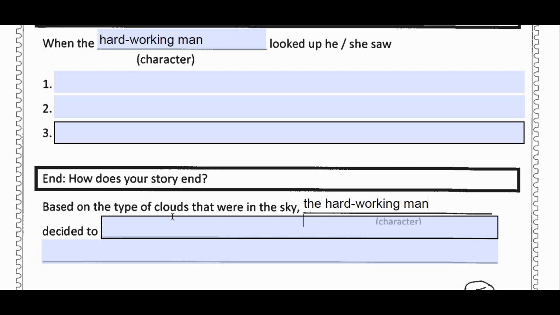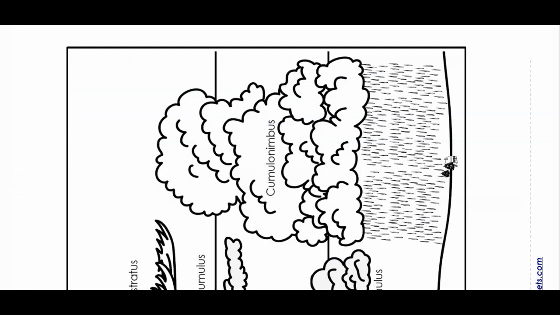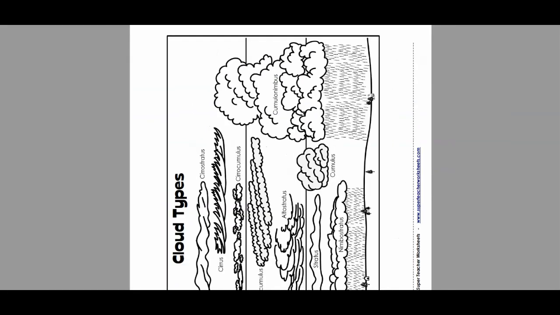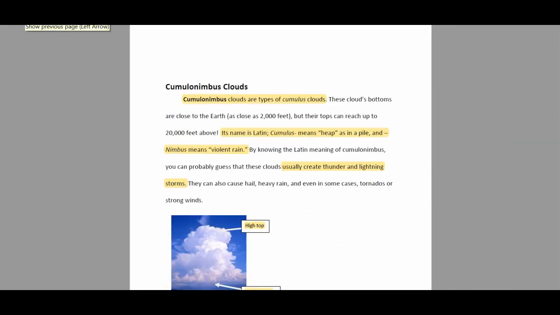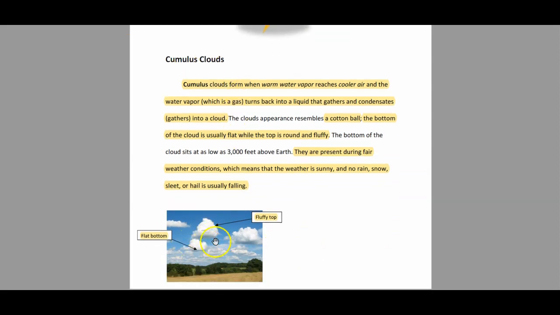No. Because look, that's a good question, David. Because look, if I'm doing cumulus clouds and I describe and use three details from here and the sky looks like this, what do you think your character is going to do?